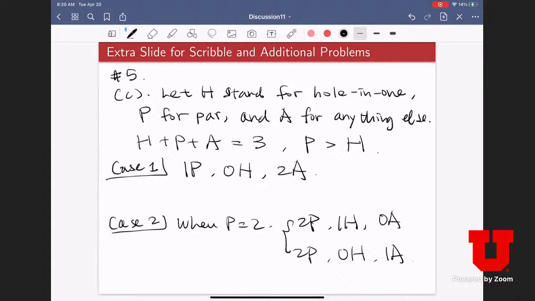All right, so let's just take a look at this case, 1P, 0H, and 2A. Let's denote this as E1.